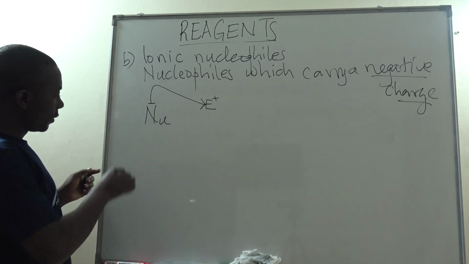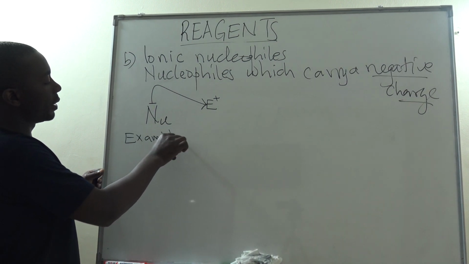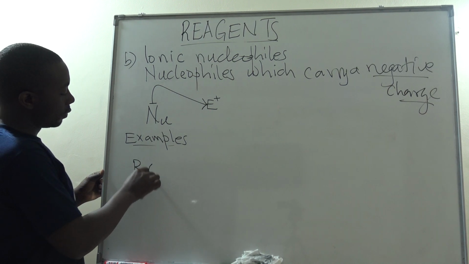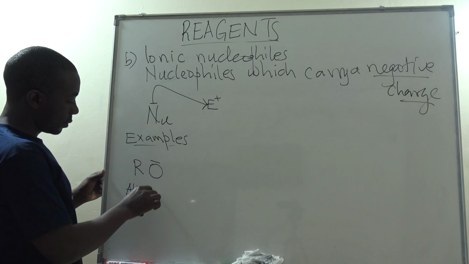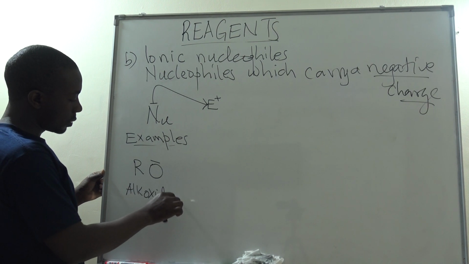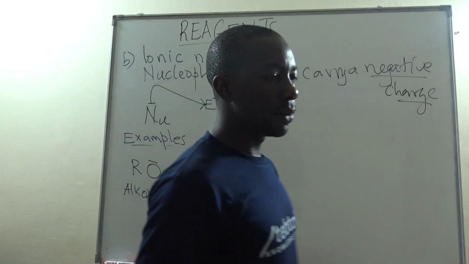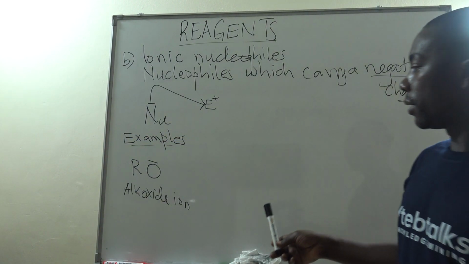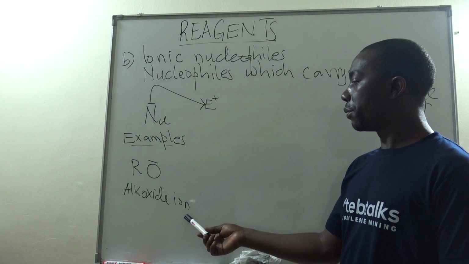Now, examples of these nucleophiles could be so many, for as long as they carry a negative charge. For example, it can be this group. This group is called alkoxide. It is an alkoxide ion. Normally, we obtain that alkoxide when potassium hydroxide is reacted with an alcohol, and then the salt formed dissociates completely.